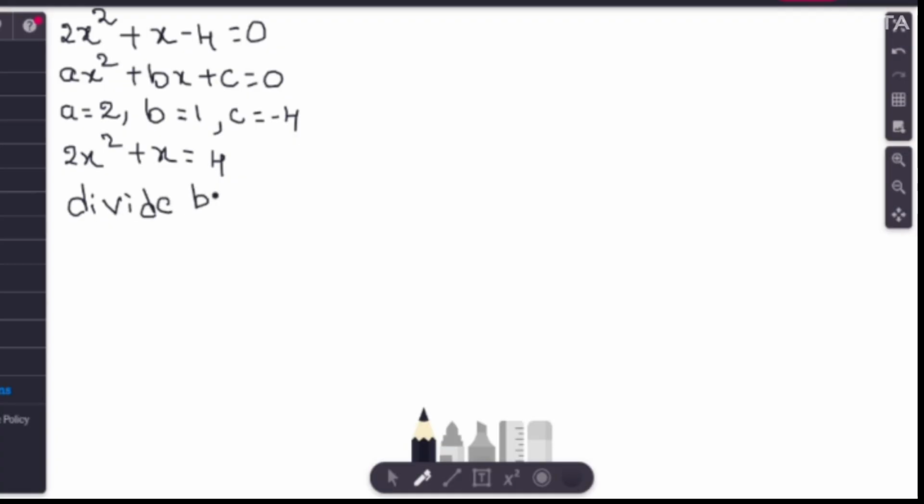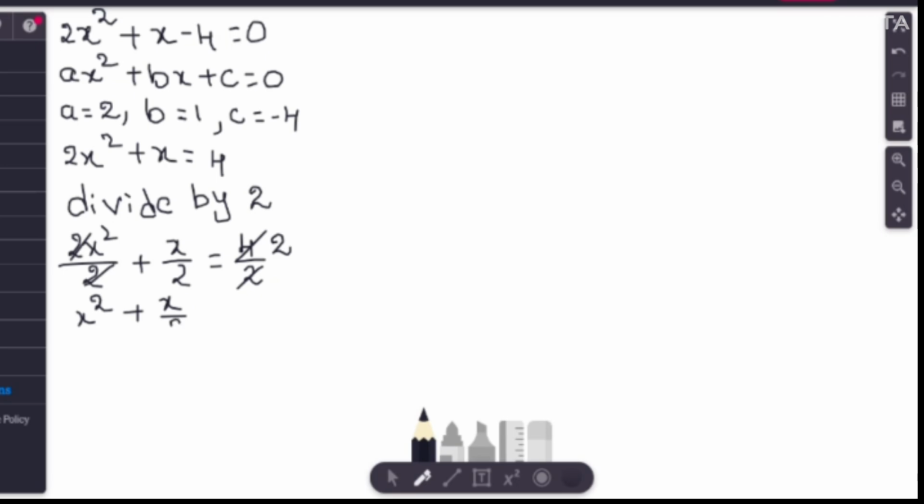Overall equation we have to divide by 2. So 2x square by 2 plus x by 2 is equals to 4 by 2. 2 divides 4 2 times. 2 divides 2 1 time. So x square plus x by 2 is equals to 2.